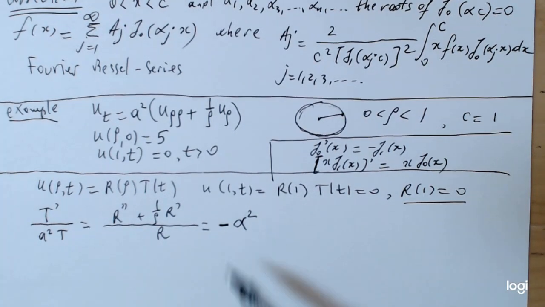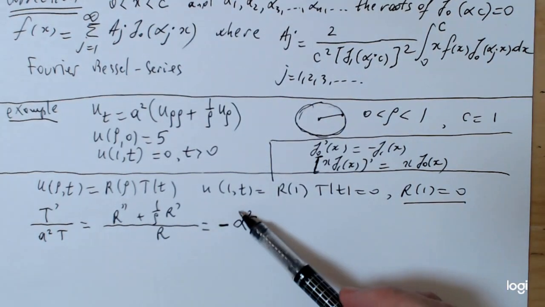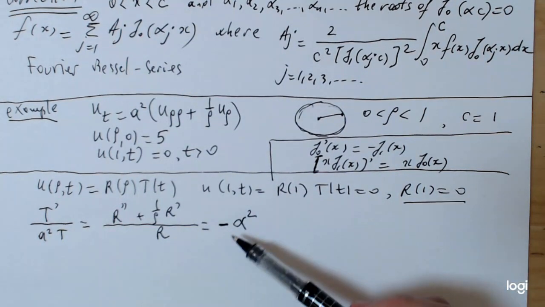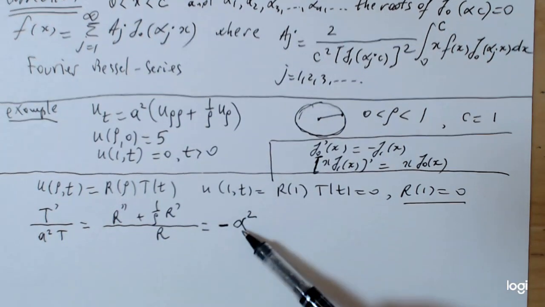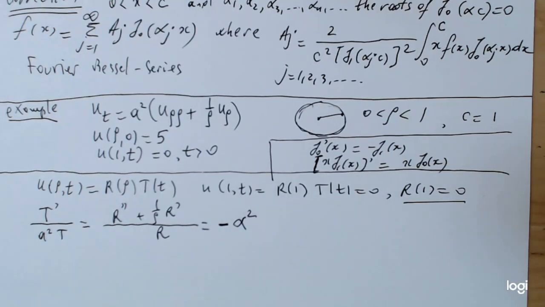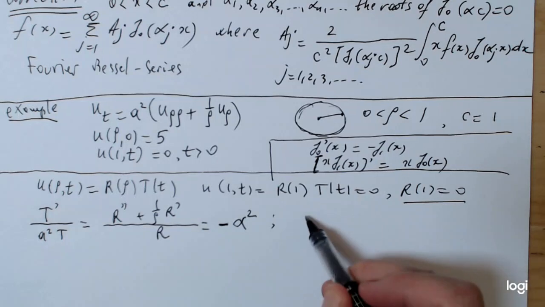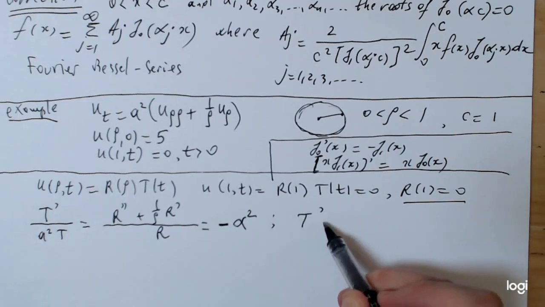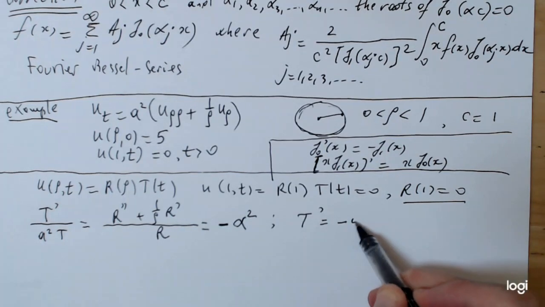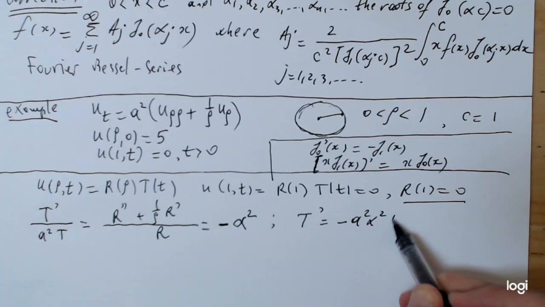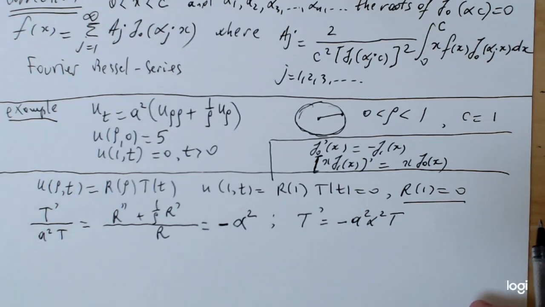It's going to be a positive number when I move it to the left, so we might as well call it alpha squared. So the equation in t becomes T prime equals minus a squared alpha squared T. Keep this in mind. We're going to deal with that a little bit later.